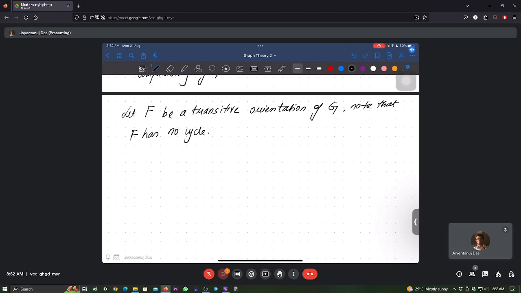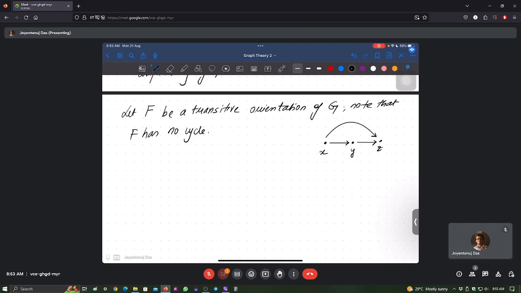Because if we give an orientation, suppose this is X, this is Y, and this is Z. We have X to Z and Y to Z. By transitive orientation, it implies that from X to Z there is another edge, right? This is a cycle in the undirected case, but in the directed case it is not a cycle. Because if it had to be a cycle, I would have to go like this, but this edge is coming here, so this is not a cycle. So yes, it has no cycle.